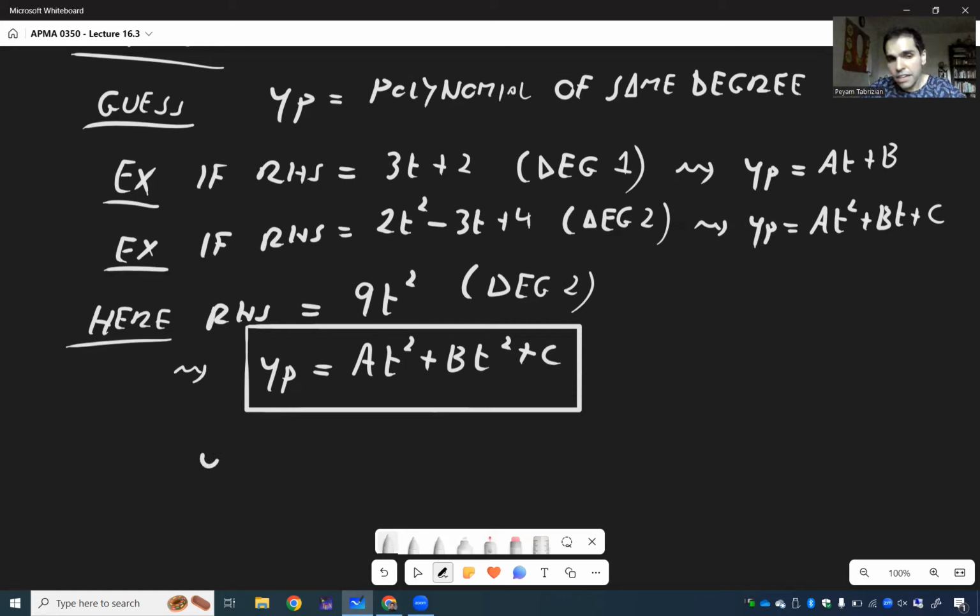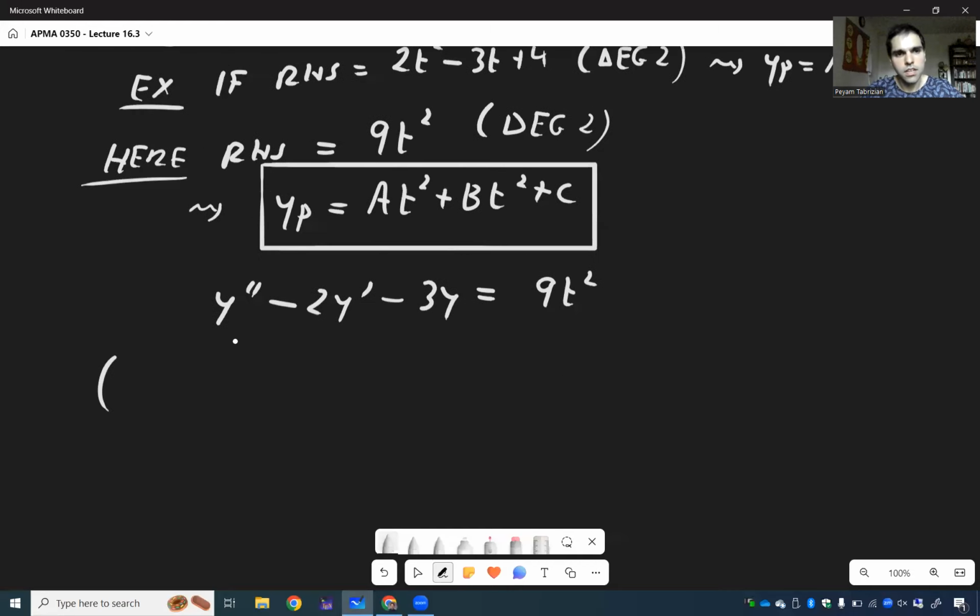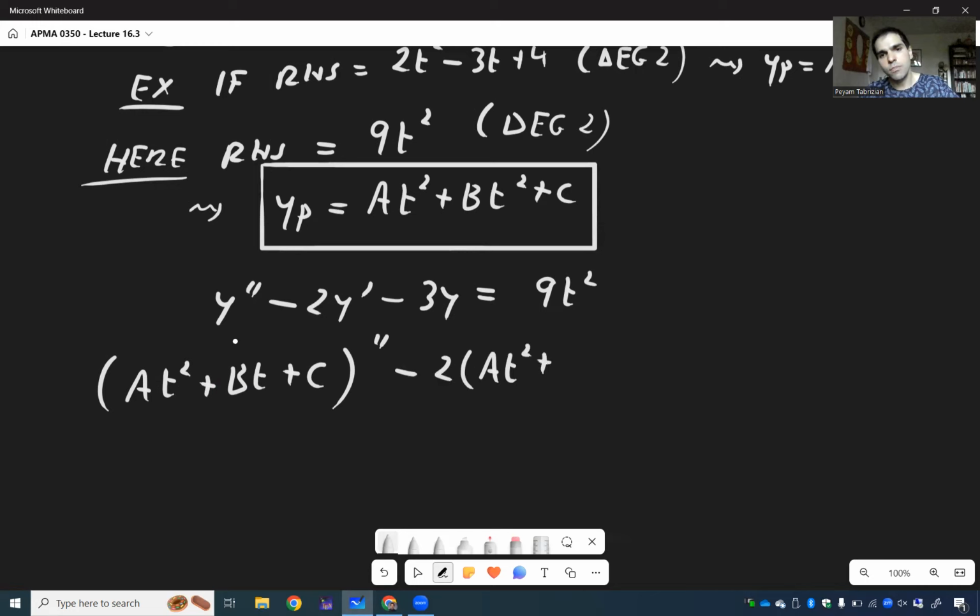And now we want to plug in. So y double prime minus 2y prime minus 3y is 9t squared. So (at squared plus bt plus c) double prime minus 2 times (at squared plus bt plus c) prime minus 3 times (at squared plus bt plus c) equals 9t squared.